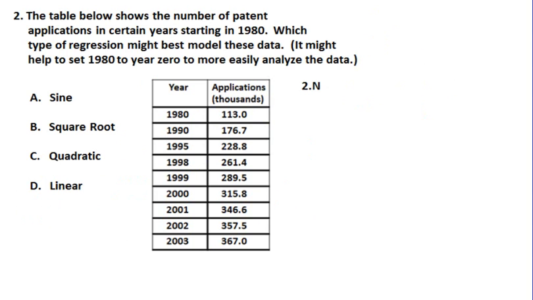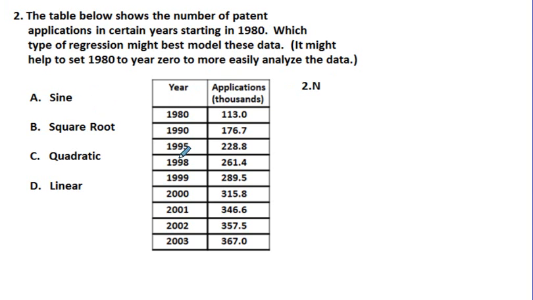Next, problem 2. The table below shows the number of patent applications in certain years starting in 1980. Which type of regression might best model these data? This might help to set 1980 as year 0 to more easily analyze the data.